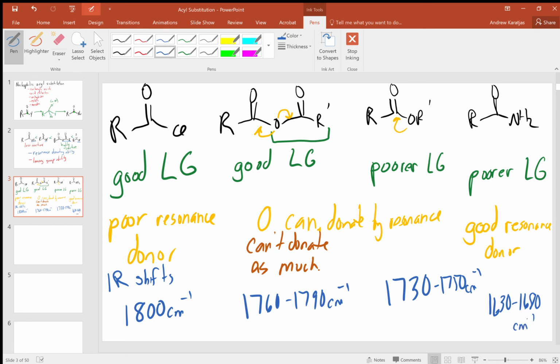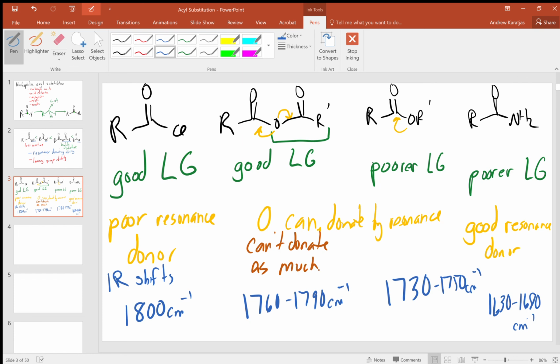And so what we actually see here is a direct parallel between the wave numbers for the functional group and how reactive it is. The more reactive it is, the higher its IR shift. And that should make sense to us.